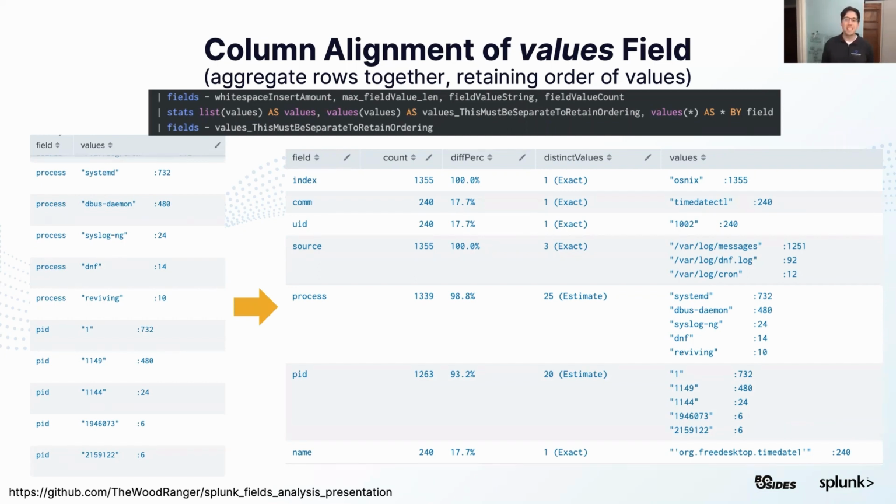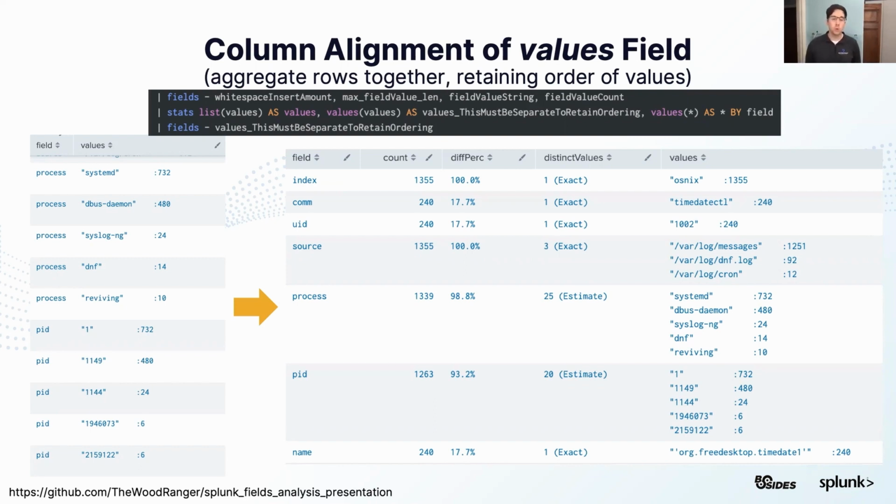Since we want to retain our sorting by established counts from most to least, which the left side table shows is already sorted correctly after we did our expansion, we leverage the list function instead of the values function.